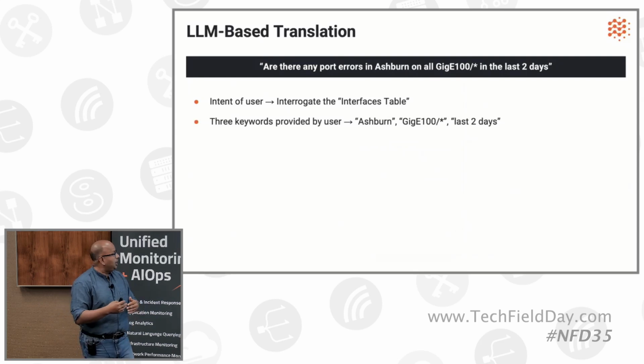And second, there are keywords that the user has provided. The user has said last 2 days. The user has said Ashburn. They have said GigabitEthernet 100 star. Those are keywords, nothing but filters that have to be applied on that table.